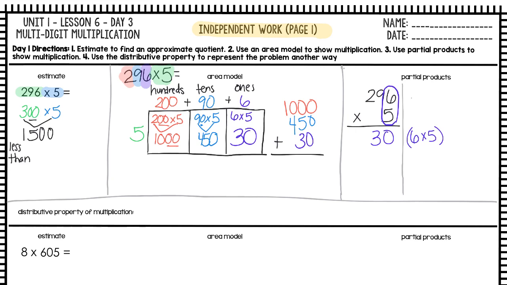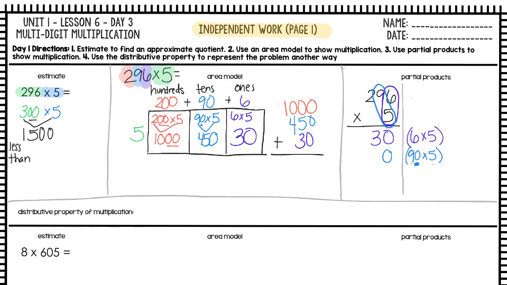Then we go on to our tens. We need to multiply our 9 tens times 5. 9 tens is 90, and we're multiplying that times 5. So I can see here that there's going to be a 0 in my ones place, right there.